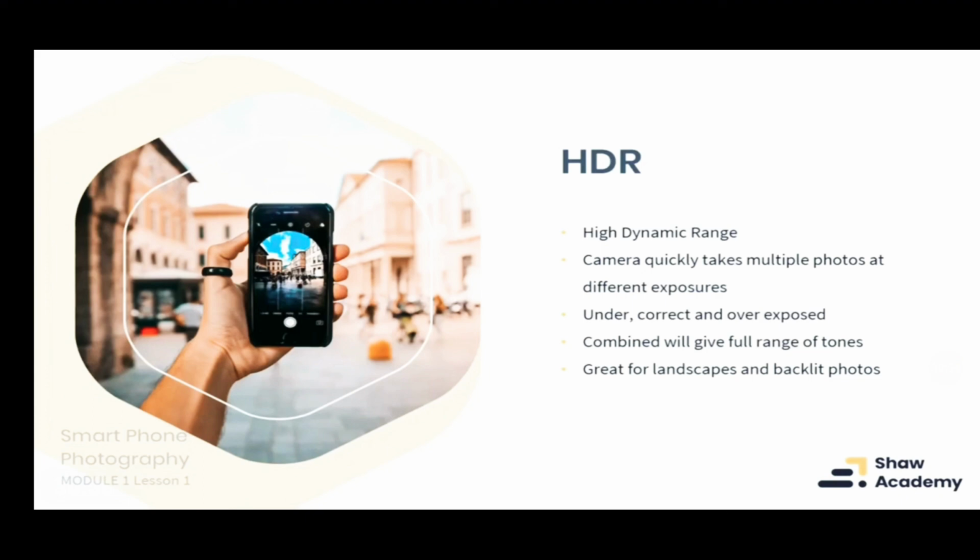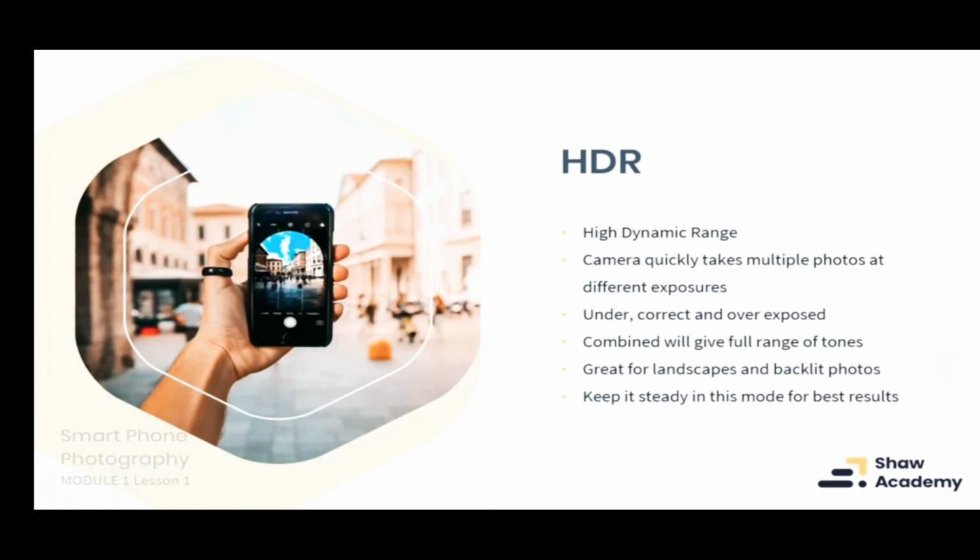HDR is a great way of overcoming this because it'll get all of the details within the photograph. Sometimes it can give this hyper realistic, almost unnatural look, but that's because it's actually allowing us to see more than we typically can see. Try to keep it steady in this mode for best results.